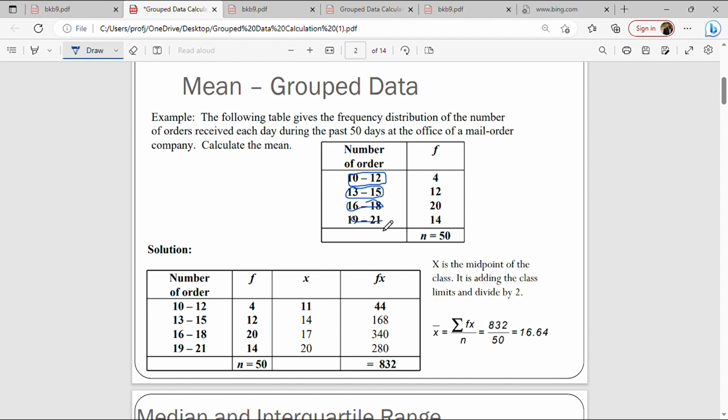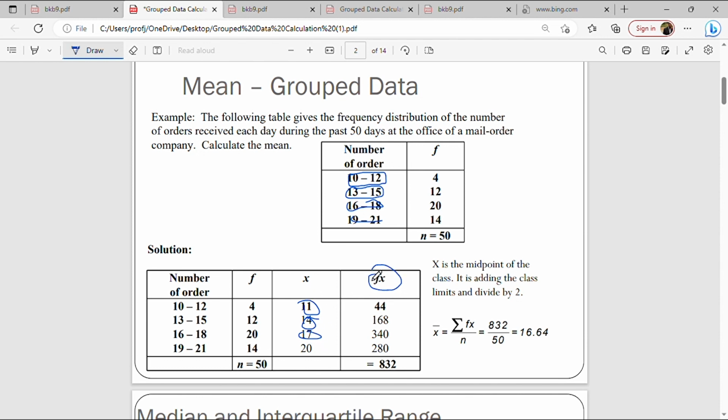So 10 plus 12 gives you 22, divide by 2, you have 11. 13 plus 15, divide by 2, you have 14. 16 plus 18, divide by 2, you have 17, and on and on. That gives you your x.